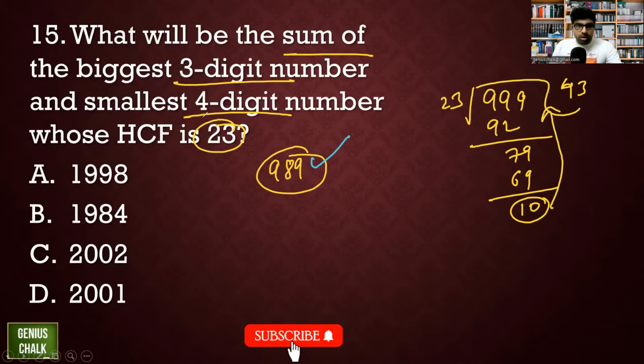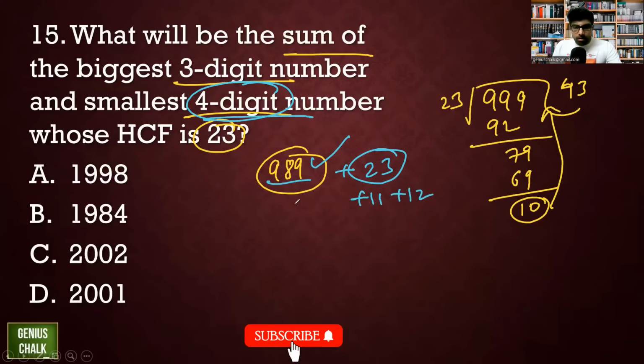Now, what is the next smallest 4-digit? Just add the next multiple of 23. If you add 23, it will be the next multiple, and it will be the smallest 4-digit number, 1012. So what is the total? It is 2001. That is option D.